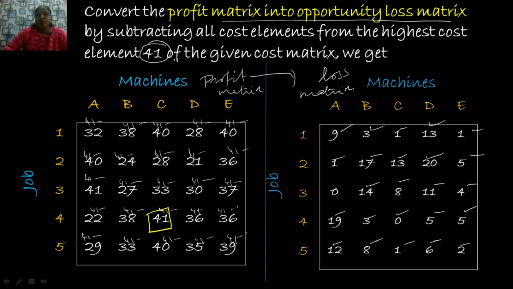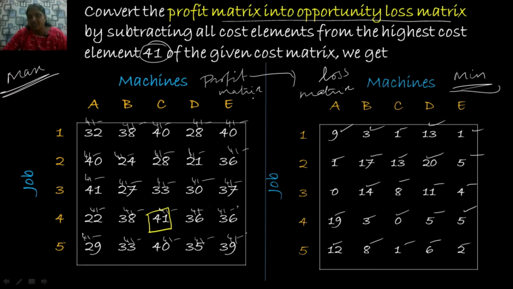For this profit matrix, our objective function is maximization. But for this loss matrix, the objective function is minimization. Only if the objective function is minimization do we make use of the Hungarian method to find the optimum assignment schedule.